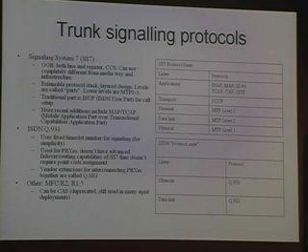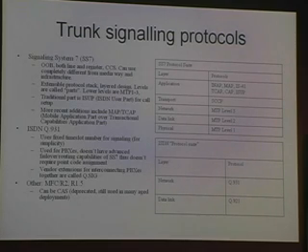So basically the two signaling protocols I want to mention in detail are Signaling System 7 and ISDN Q.931. Signaling System 7 is the de facto standard for interconnecting all exchanges in the world.